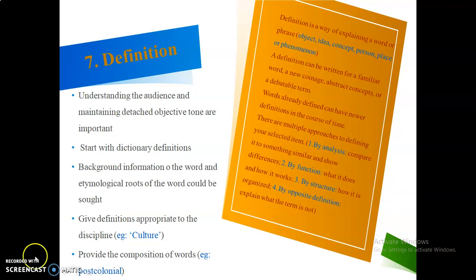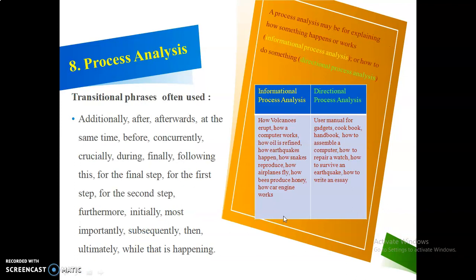Next one is process analysis. Process analysis means you have to write down how certain things work. This kind of writing is known as process analysis. A process analysis may be for explaining how something happens or how something works. There are two types of process analysis.